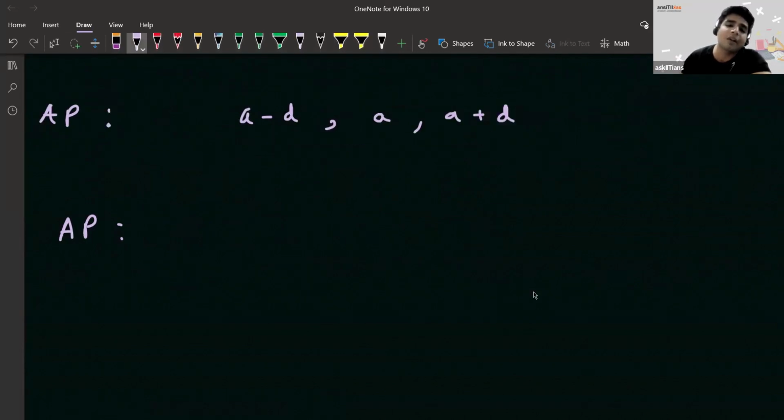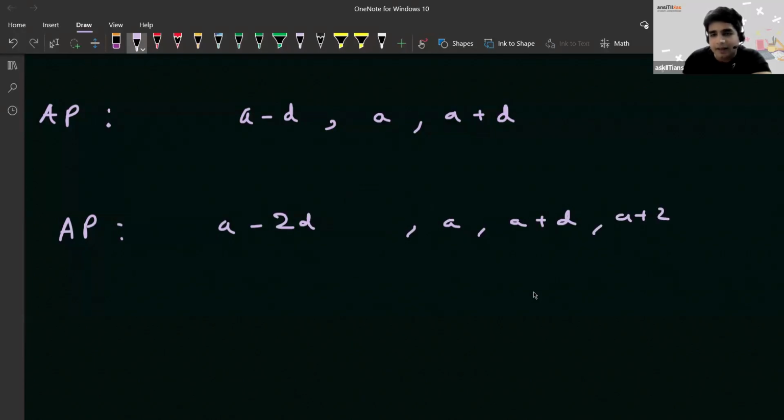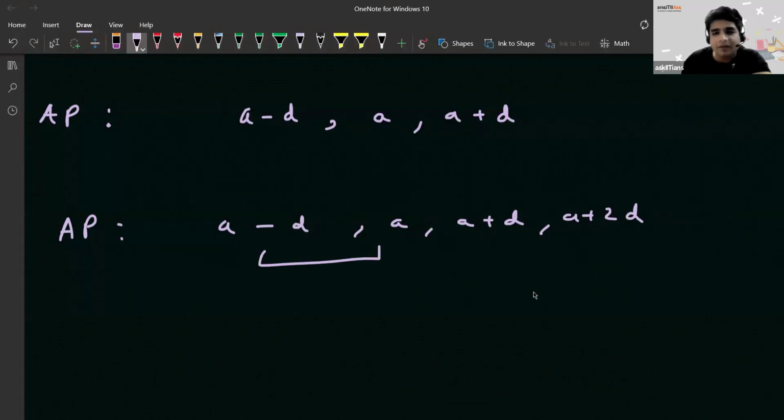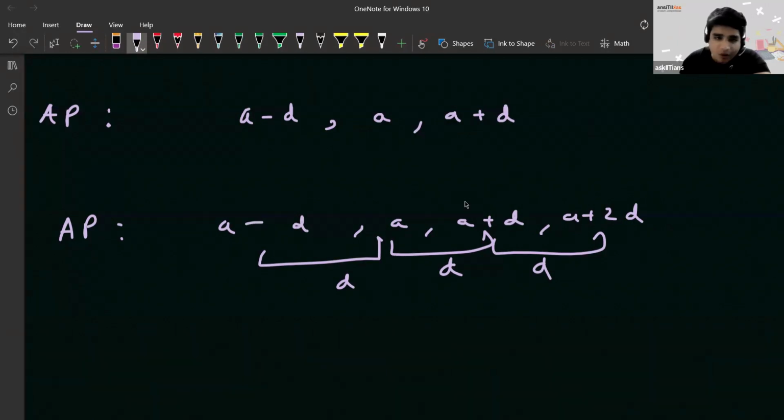D. Now, if I have to take four terms in AP, you will say, sir, can we take A minus 2D, A plus D, and A plus 2D? Let's take this to be A minus D instead. The difference is D, the difference is D, and the difference is D. Will this work for us, sir? Definitely it is going to work, but the calculations again are going to be very tough. So do not do this, please, everyone.